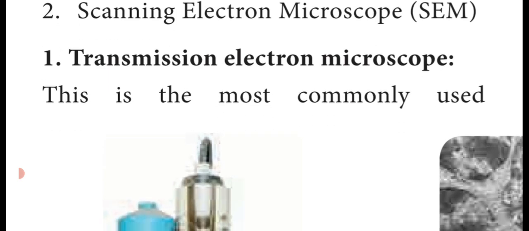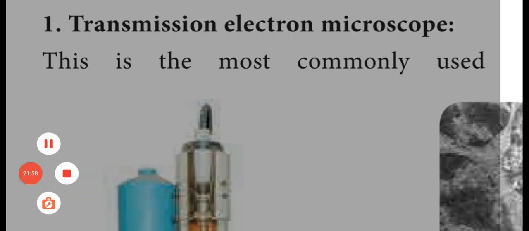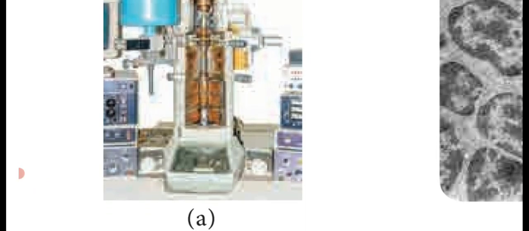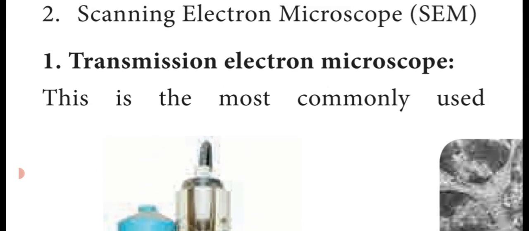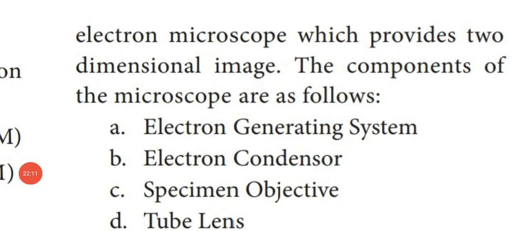First one, the transmission electron microscope. It is the most commonly used electron microscope. This is the diagram which shows the transmission electron microscope. This electron microscope produces a two-dimensional image.